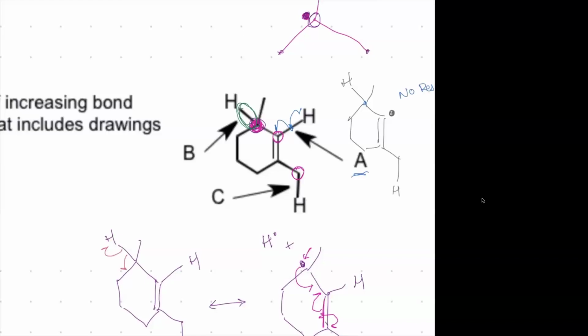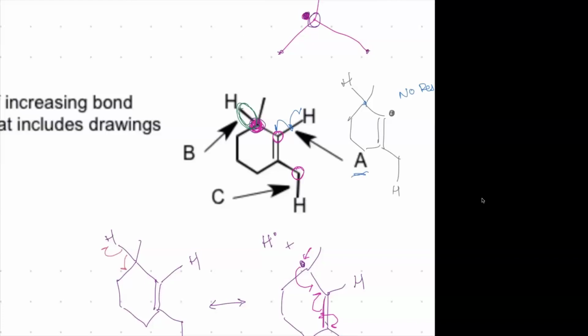So if a radical has no resonance, then it will have the highest bond association energy because it's not stabilized by resonance.